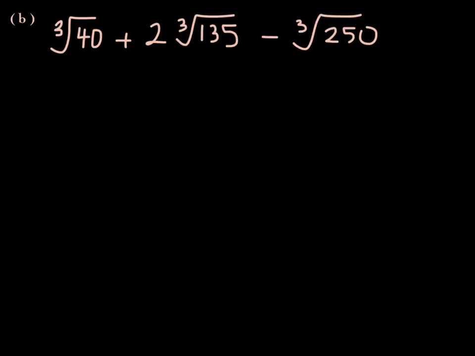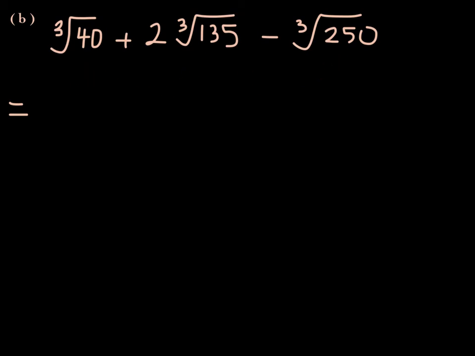Check this one out. We have the cube root of 40 plus 2 times the cube root of 135 minus the cube root of 250. Now, what I'll do is simplify each one of these, and hopefully after doing so, we'll have like radicals. Right now, at least all of the indices are 3, right? Index 3, index 3, index 3. That's good, but the radicands are all different.